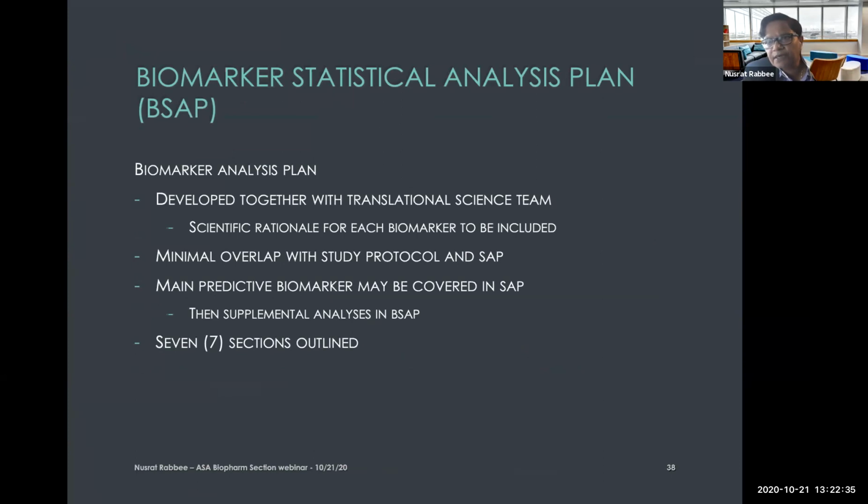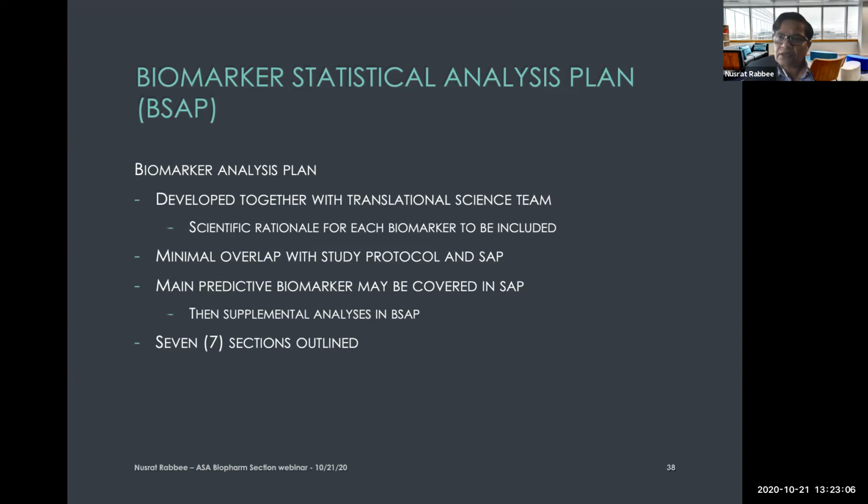So this would be a good place to capture that. And it should have a minimal overlap with the study protocol and the main SAP. And again, some of the mains, for example, if you have a predictive biomarker, biomarker positive, biomarker negative, that analysis may very well be captured in the clinical SAP, but all the other analyses can be captured in the BSAP.